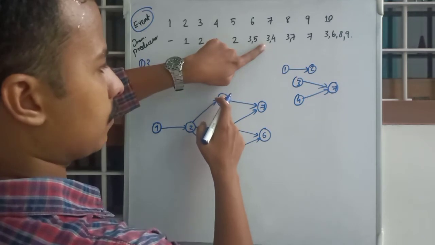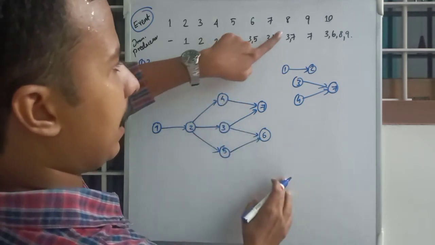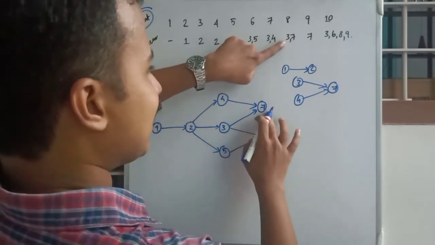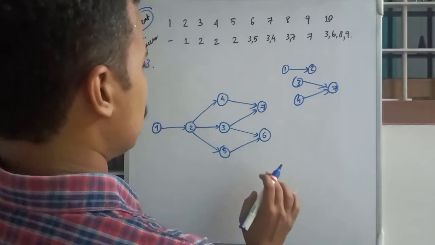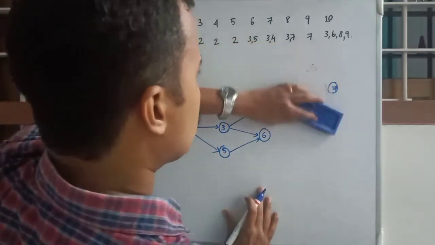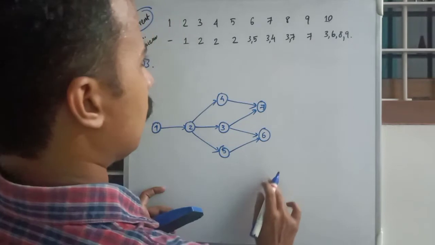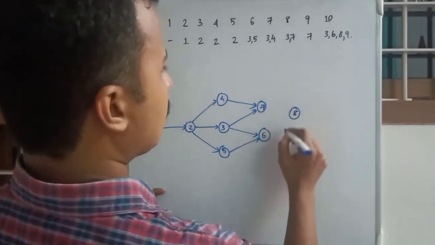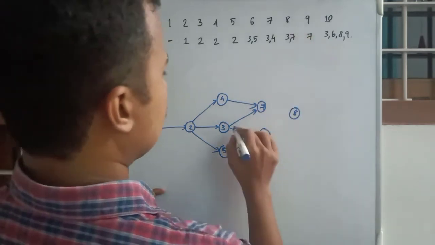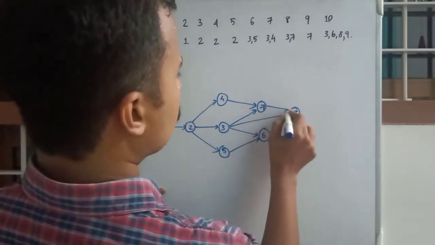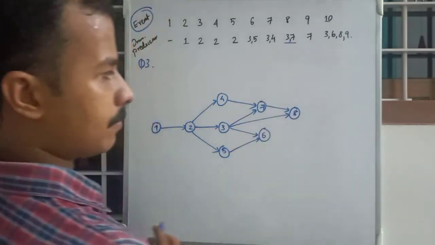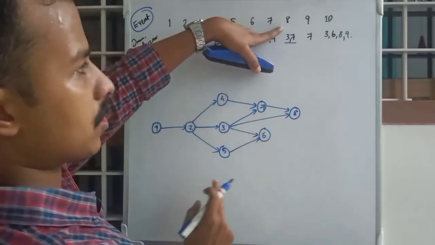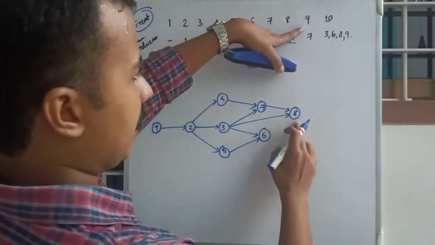And 8 is having a different one, 3 and also 7. That means we will need more space. Suppose 8 is here, you will have to connect with 3 and also with 7. So 8 has 3 and 7 as immediate predecessors.